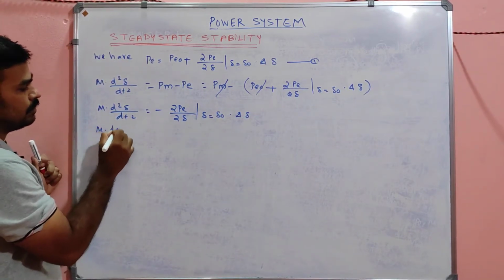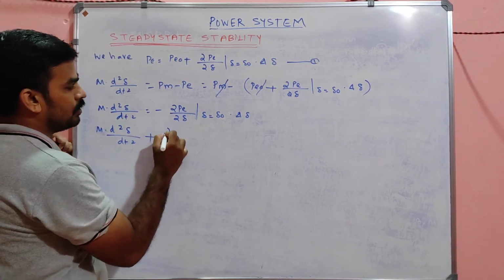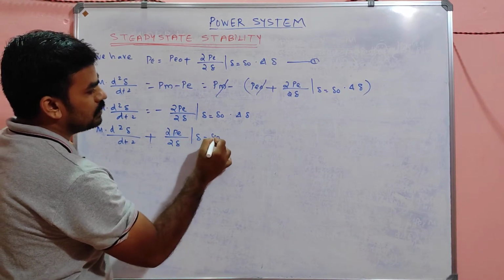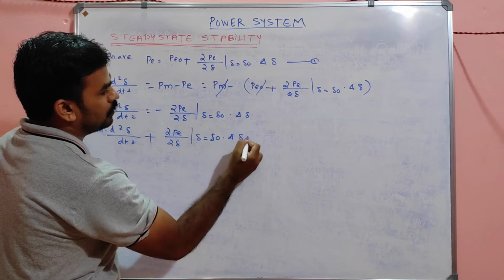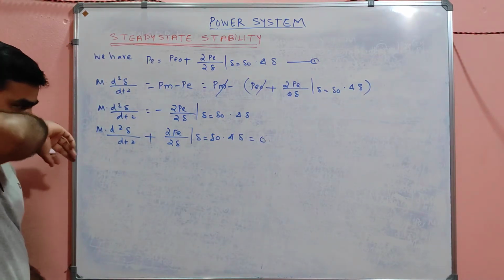Or I can write M d²δ/dt² plus ∂P/∂δ at δ = δ0 into Δδ equals 0.